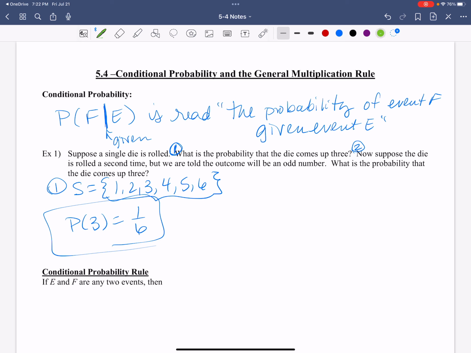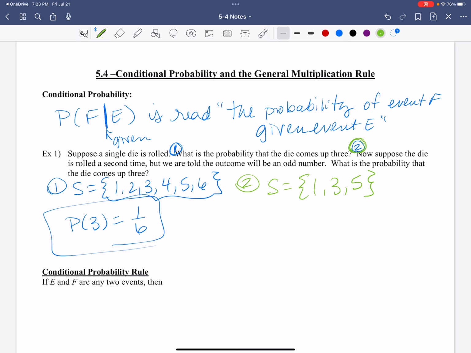Now, on our second scenario, suppose the die is rolled a second time, but we're only told the outcome will be an odd number. So what is my new sample space with only odd numbers? 1, 3, and 5, right? So it has to be an odd number.